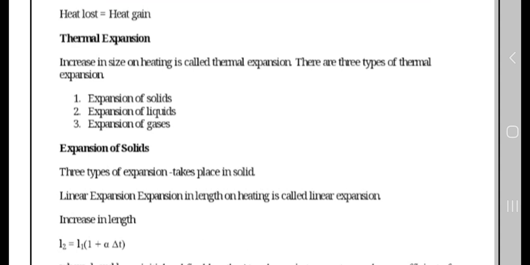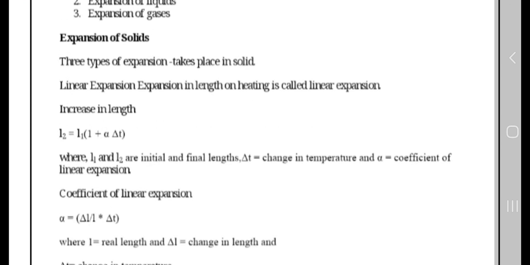Next is thermal expansion. Increase in size on heating is called thermal expansion, and there are three types: expansion of solids, expansion of liquids, and expansion of gases. Expansion of solids: linear expansion is the expansion in length on heating.